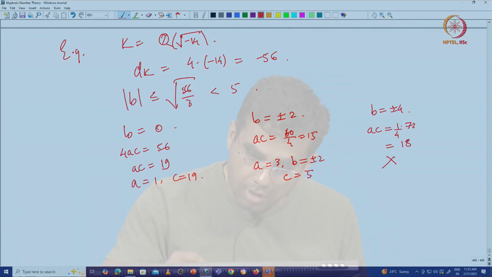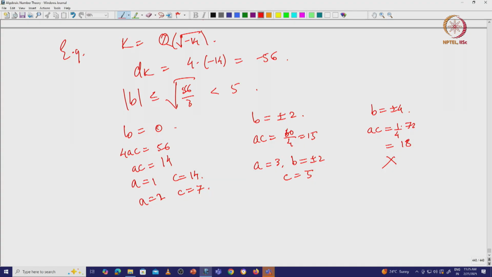But what did I do wrong? Sorry, this should be 14. So this is 1 and 14, or A is equal to 2 and C is equal to 7, right.